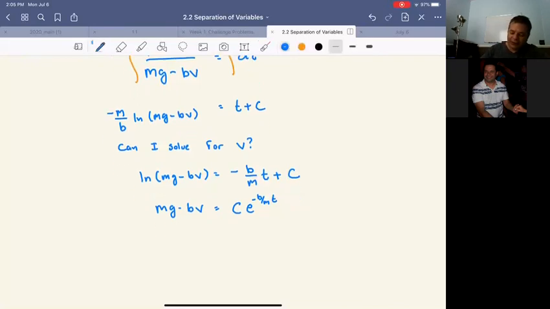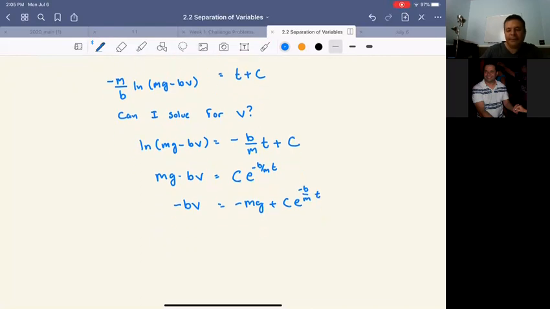Now, we're going to go ahead and get v by itself. So negative bv is going to be negative mg plus c e to the negative b over m t.